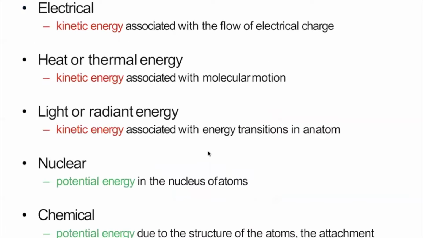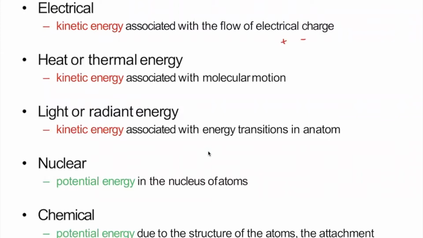Some definitions for different forms of energy. We have electrical energy, which is the energy associated with the flow of electrical charge, for example, protons and electrons. Heat or thermal energy, which is associated with molecular motion. We also have light or radiant energy.